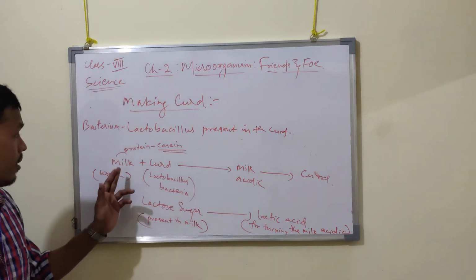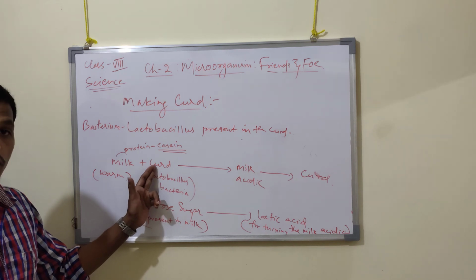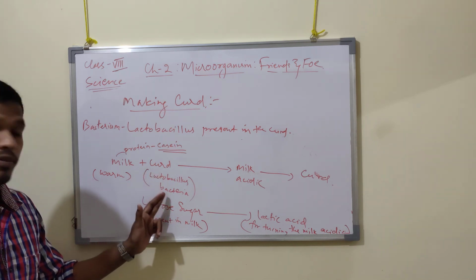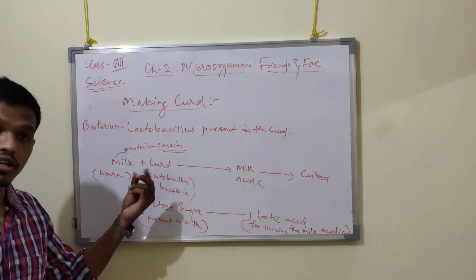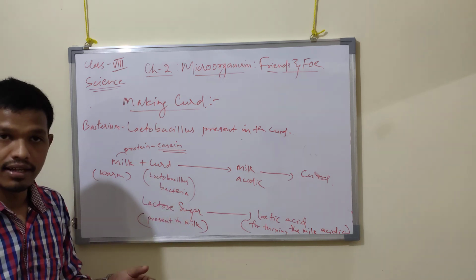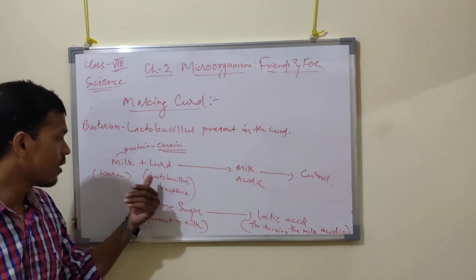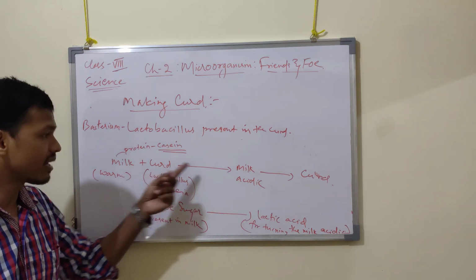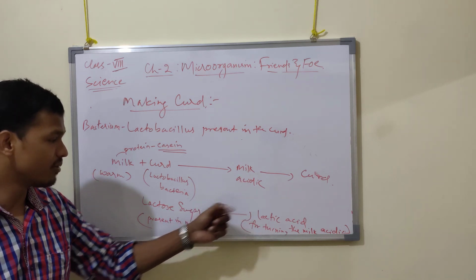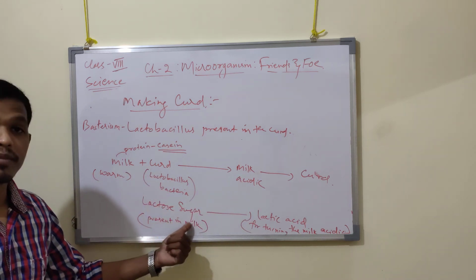So here warm milk plus curd, in the presence of lactobacillus bacteria. In curd the bacteria are already present, and they multiply in large numbers. When mixed with warm milk, they convert it into an acidic medium, because milk has lactose sugar.